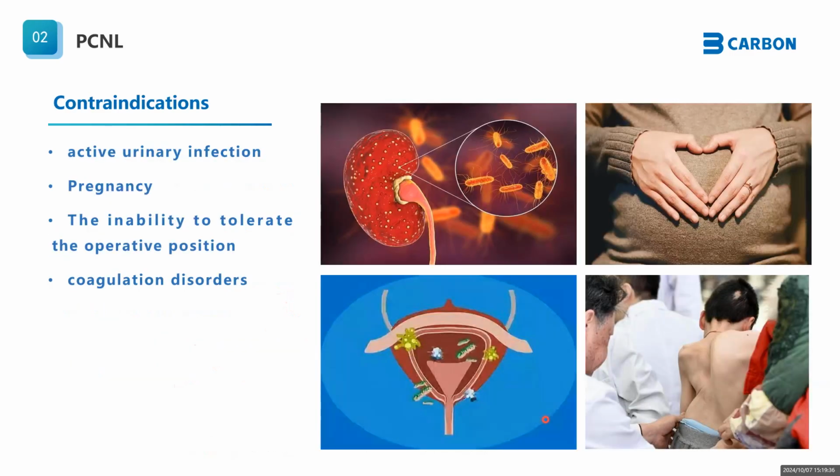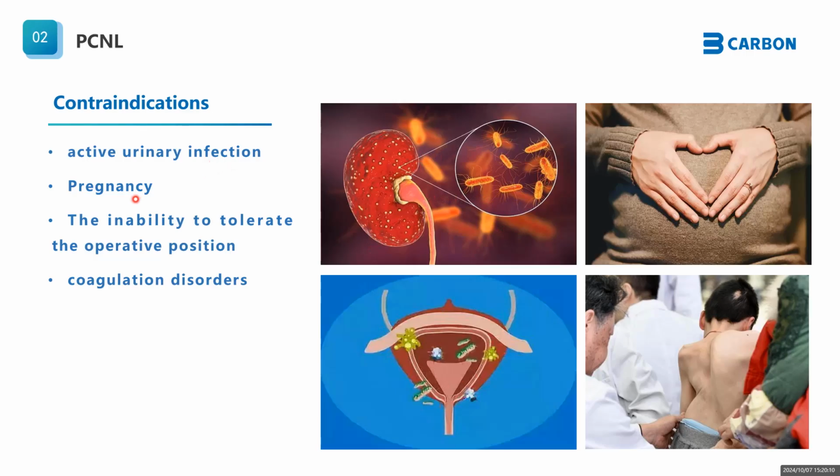And the contraindications. Also, we have mentioned before the infection, it should be controlled before the surgery. So if the patient has an acute urinary infection, we have to control it before the surgery. We cannot do the immediate PCNL operation.